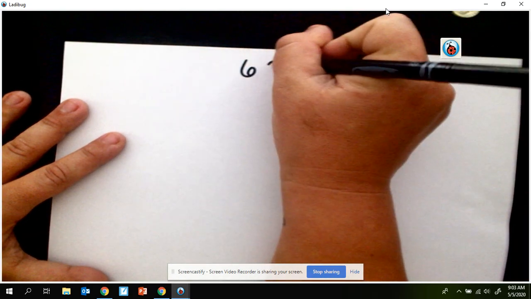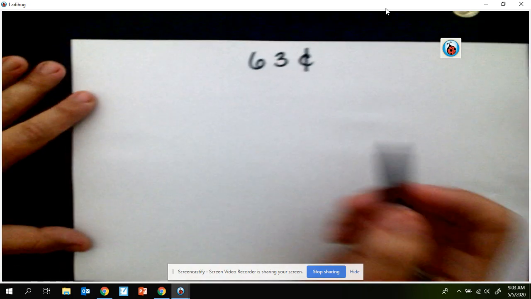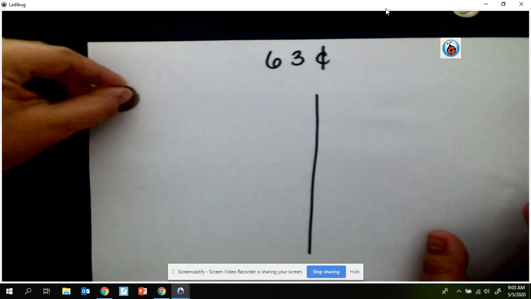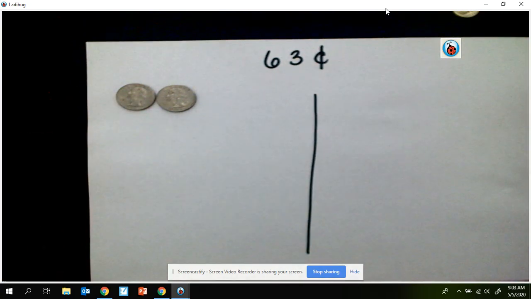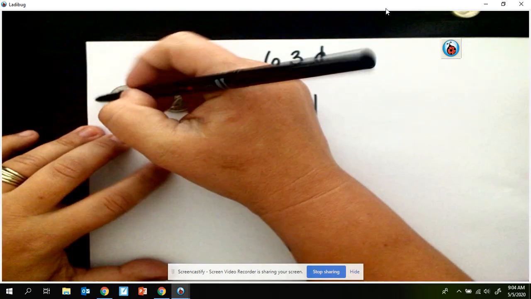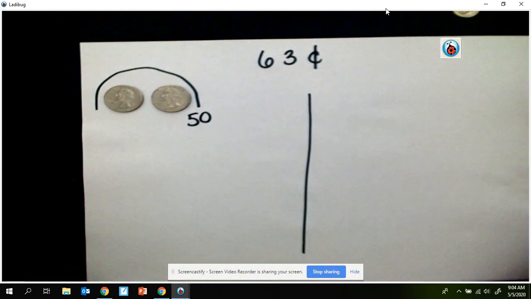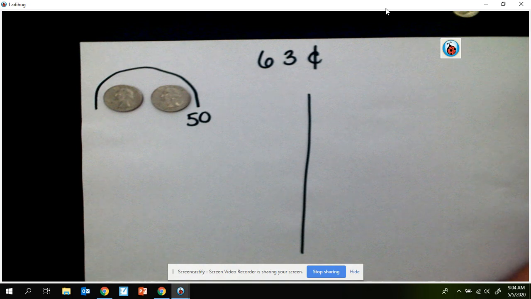Okay, so the next amount is we're going to do 63 cents. And I want to show that in 2 different ways. So the first way, I'm going to try to do my biggest coins first. I can do 2 quarters, because 2 quarters make, hopefully you said, 50. So 2 quarters make 50 cents, but I've got to get to 63. I'm at 50. What could I add to 50 to get to 63?